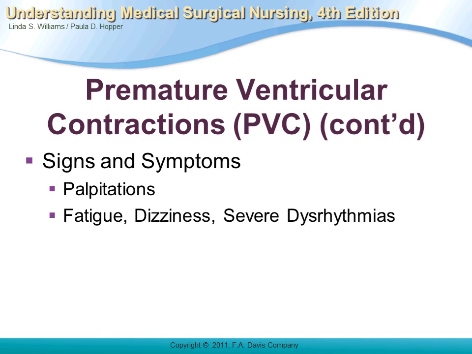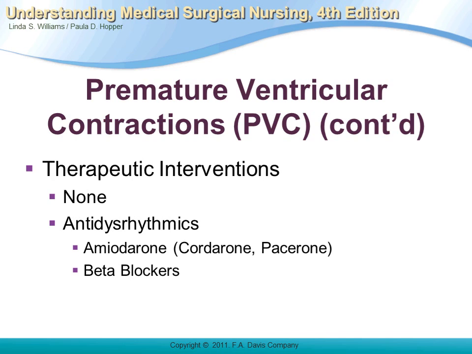Signs and symptoms of PVCs include palpitations. Patients also have fatigue, dizziness, and severe dysrhythmias. Therapeutic interventions, typically there's none if they're asymptomatic, but if they have issues, then we can give them amiodarone or beta blockers.